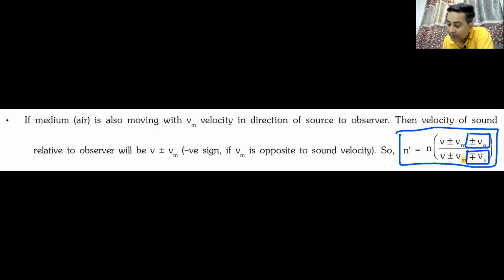Here, we have taken the velocity of sound, in whatever direction the sound is moving, as positive. And then we have made this formula. If the source is moving in the same direction as sound, it will be taken as positive.